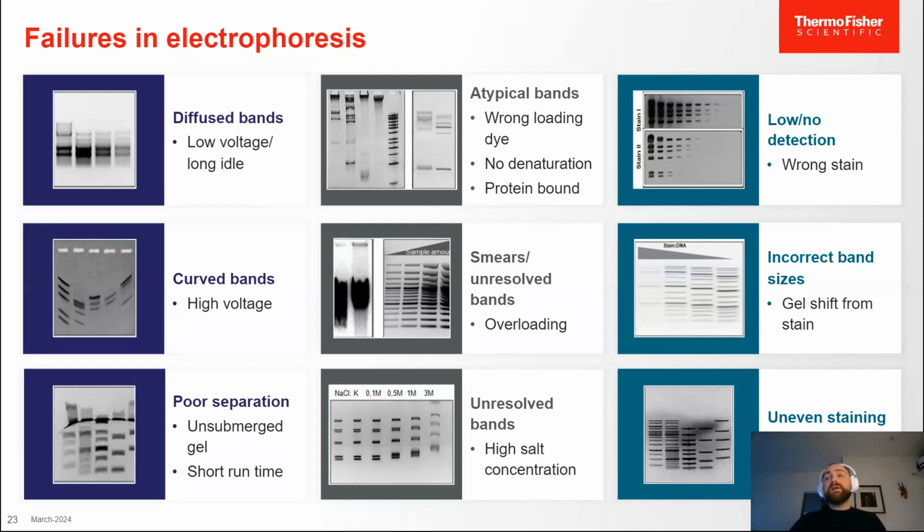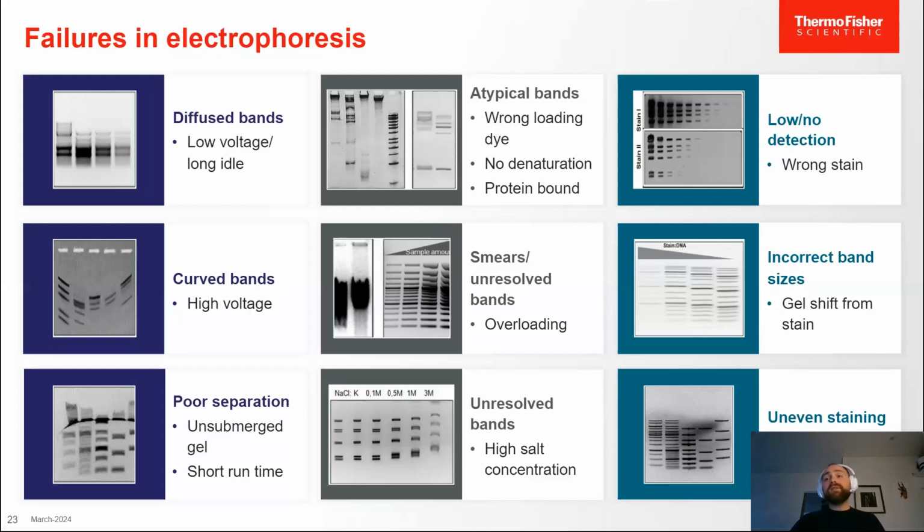Incorrect band sizes can come from gel shifting, and I showed you before with in-gel staining that, due to the binding of the stain, the actual sizes can shift a little bit, and the DNA fragment can appear larger than it actually is. That is important to consider when you're performing electrophoresis.